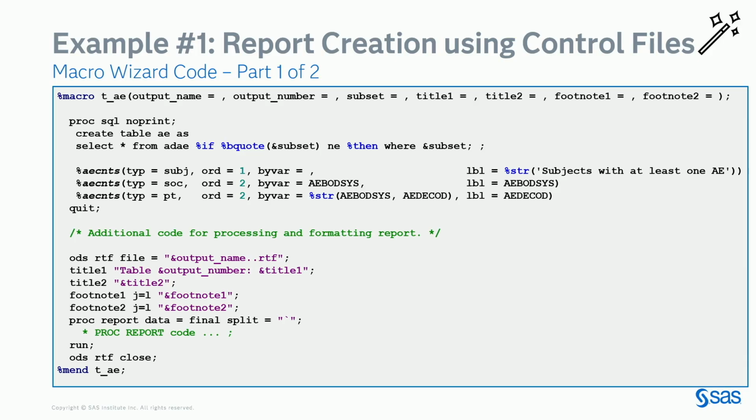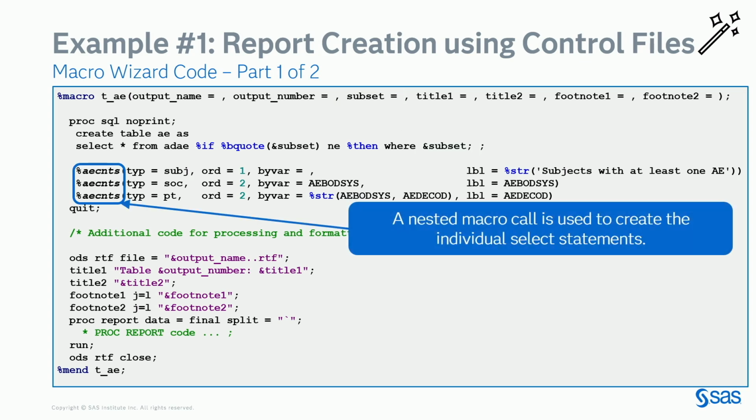So this is a macro definition, and it accepts a number of parameters at the top. And these are the things that are going to change from table to table, right? So the titles, footnotes, subsets, table number, whatever might change with each iteration. We've suppressed a little bit of code in here just for space, and I've also introduced a sub macro, a nested macro here to create the select statements in my proc SQL to make it a little less cumbersome.